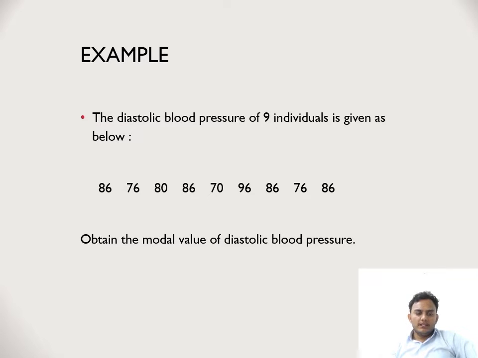If we see here, 86 occurs 4 times, 76 occurs 2 times, 80 occurs 1 time, 96 occurs only 1 time. So maximum frequency of observation is 86. 86 occurs 4 times. That's why 86 is our modal value here.